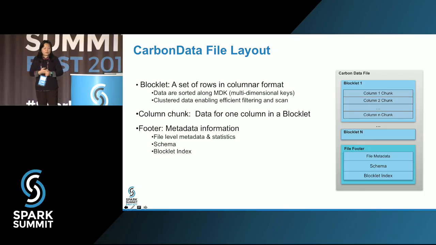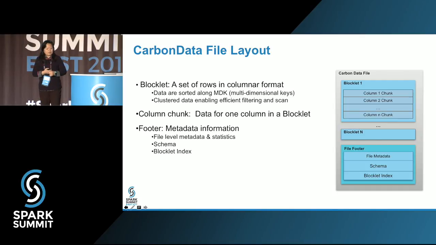When you define a carbon table, you actually pick a set of columns to form what we call MDK index keys. Then during loading, data is sorted along the MDK index keys, chopped into files and stored.